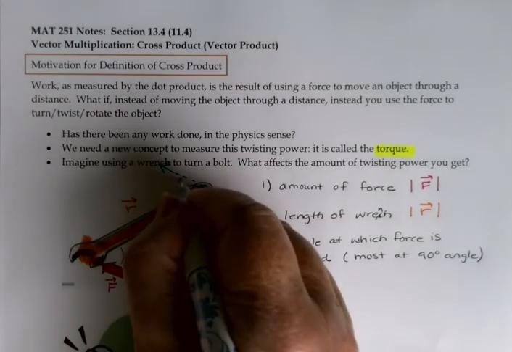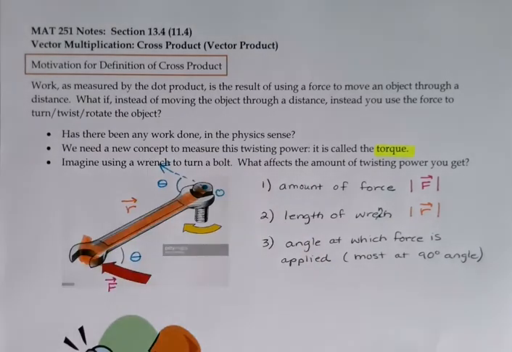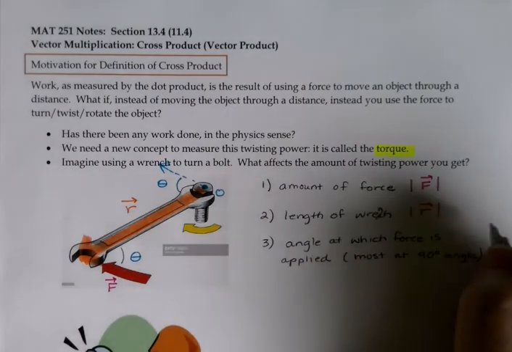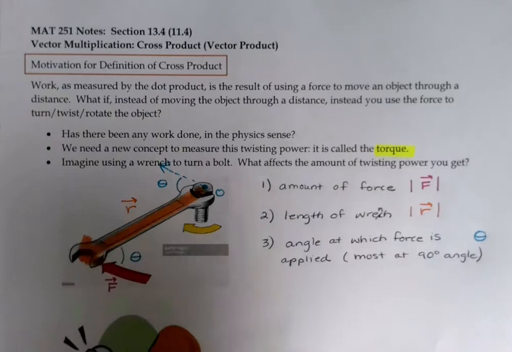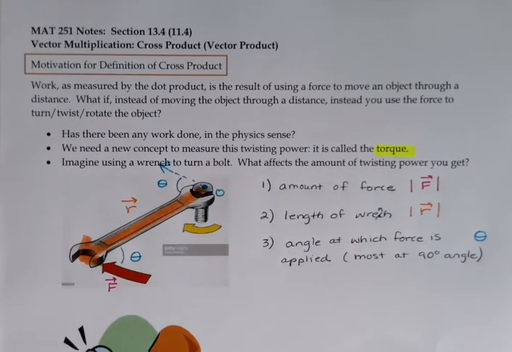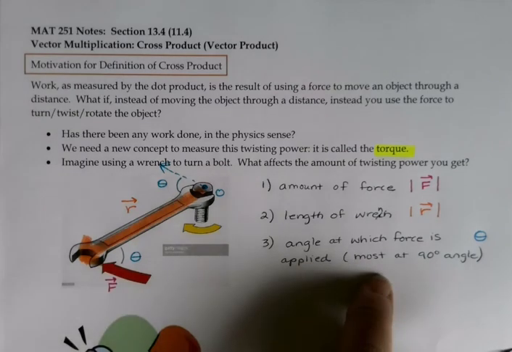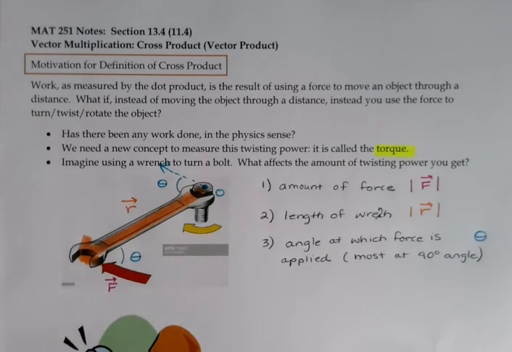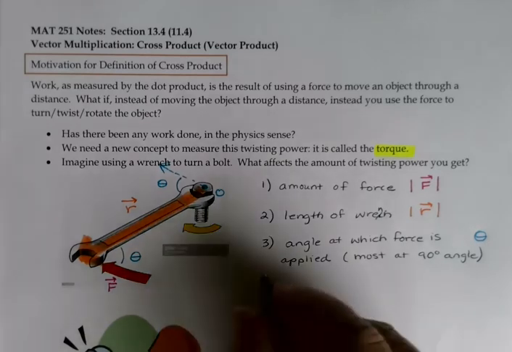That would give us the same angle theta in standard position. So the angle, which we'll call theta, in between the force vector and the wrench vector. So from this, we're going to define the magnitude of our torque. How much twisting power are we getting out of this?